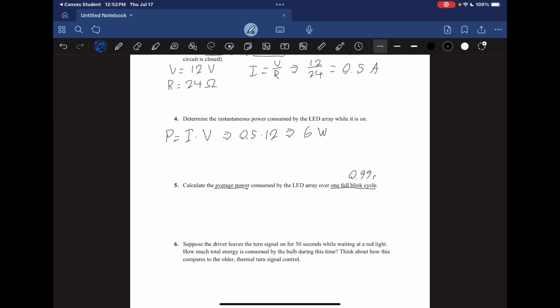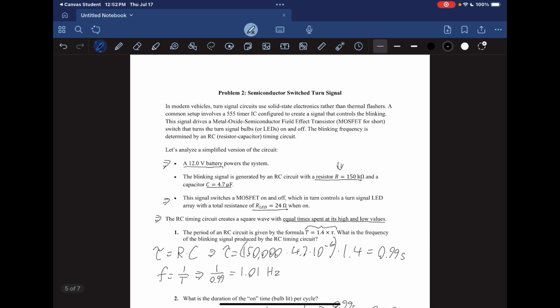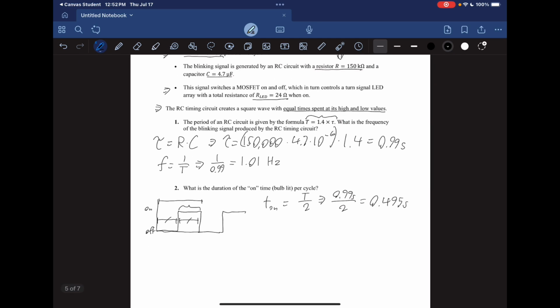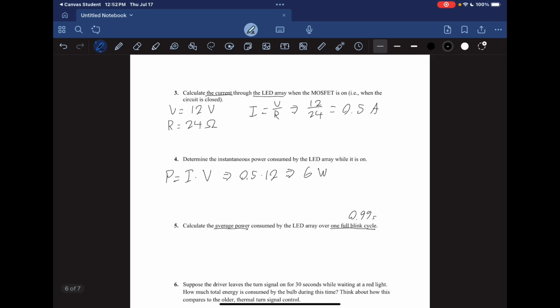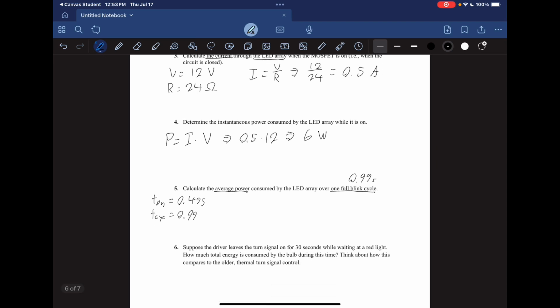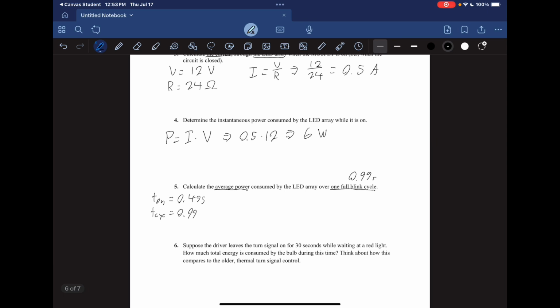And we know that the time that the blink cycle is on, we calculated earlier, is 0.495 seconds. So we have T on equals 0.495, and then T cycle equals 0.99. And then we have our power, which we calculated up above, is 6 watts.